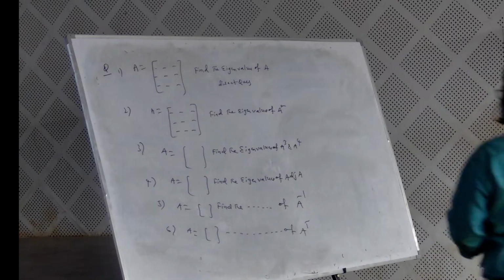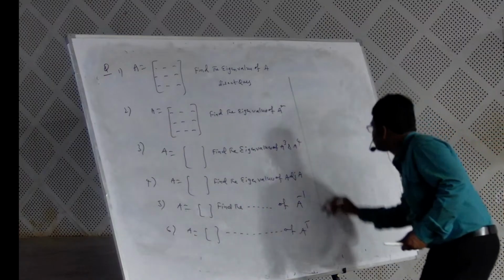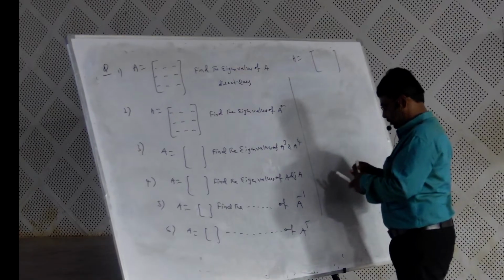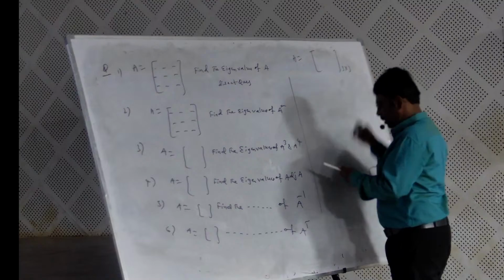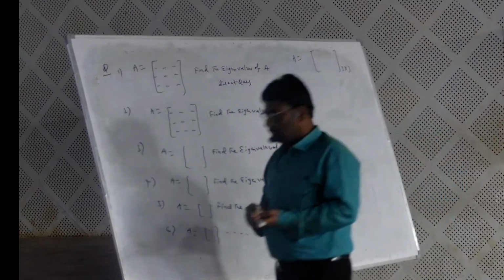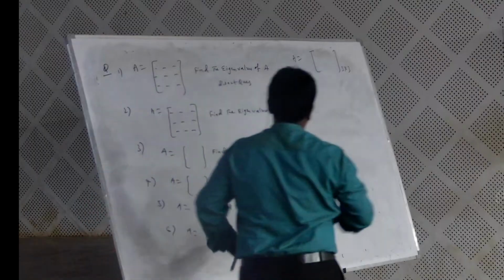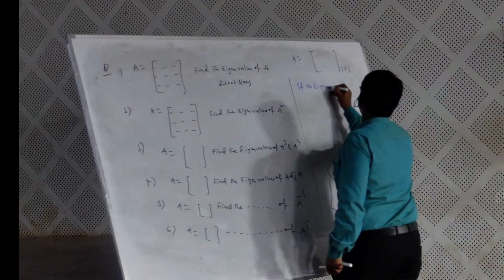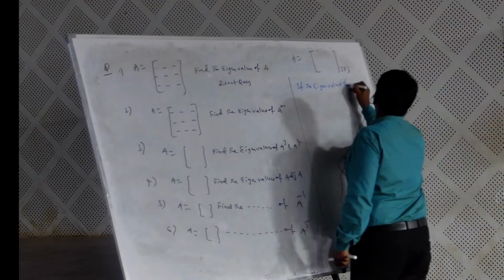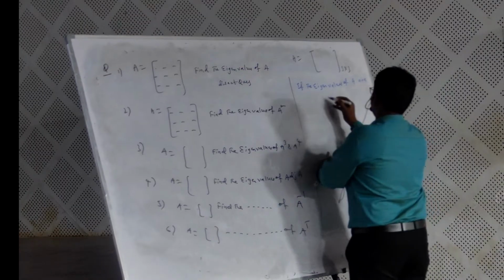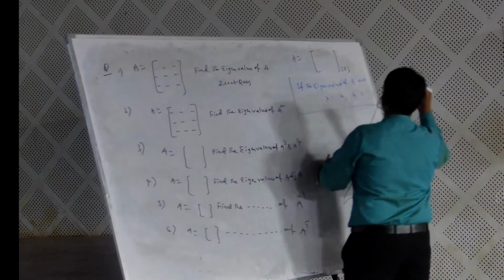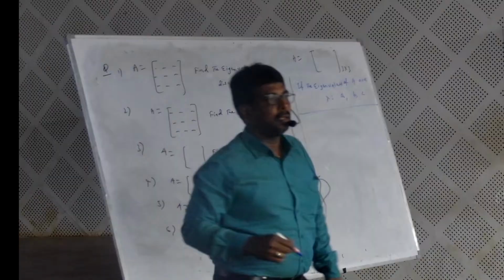Okay, now concentrate here. Suppose this is a 3 by 3 matrix. If the eigenvalues of A are, instead of values, I am explaining using a concept.